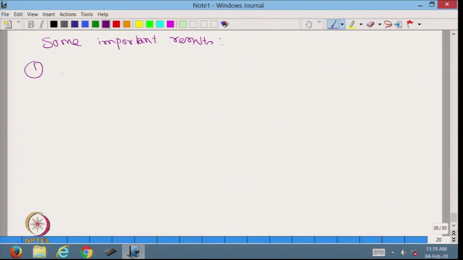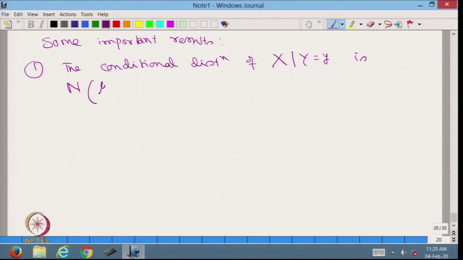One, the conditional distribution of x given y is equal to y is normal with mean is equal to mu 1 plus rho sigma 1 upon sigma 2 y minus mu 2, and its variance is equal to sigma 1 square into 1 minus rho square.